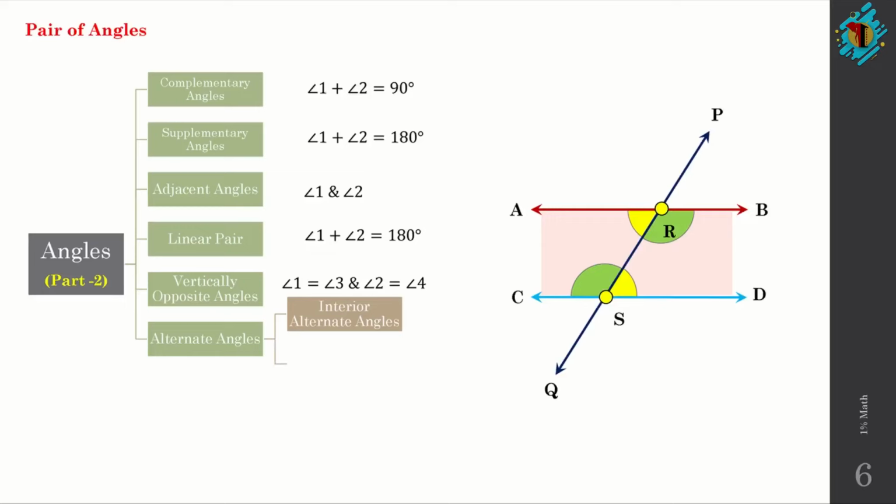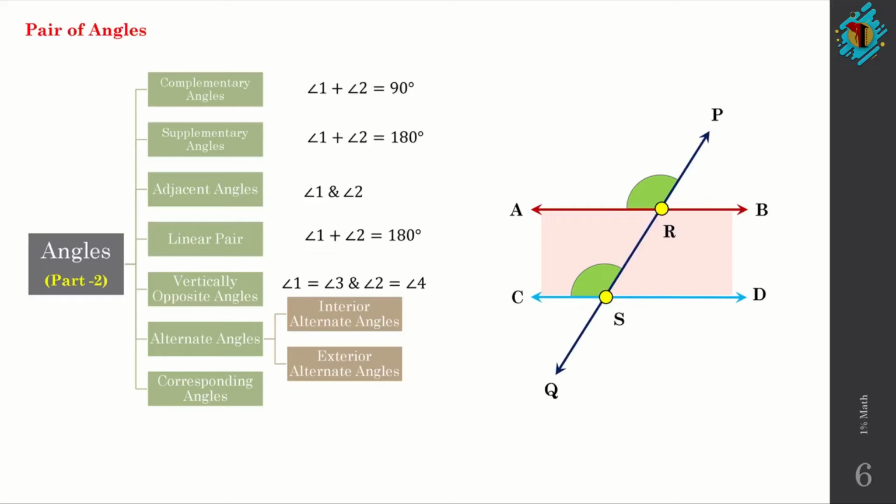So next one is going to be, you can guess it, exterior alternate angles. So these are the first pair, okay, then this is the second pair. So next one is corresponding angles. So we can remember one way that corresponding angles will always be on the same side of the line. So you can see here angle ARP and angle CSR are the corresponding angles.